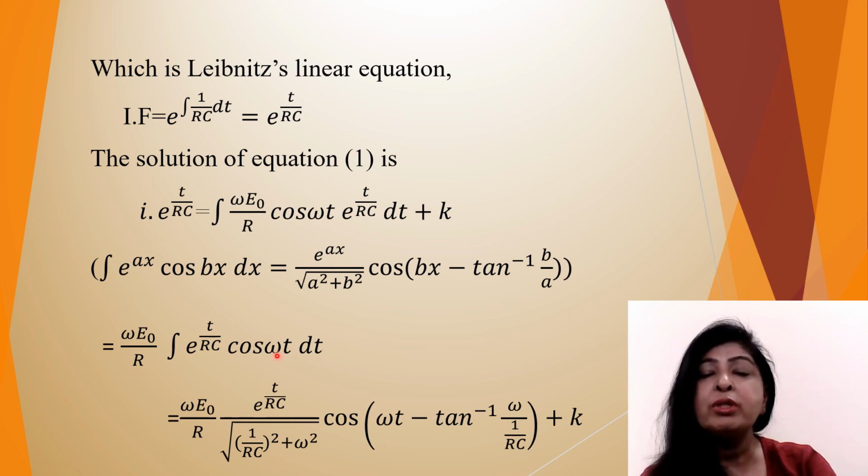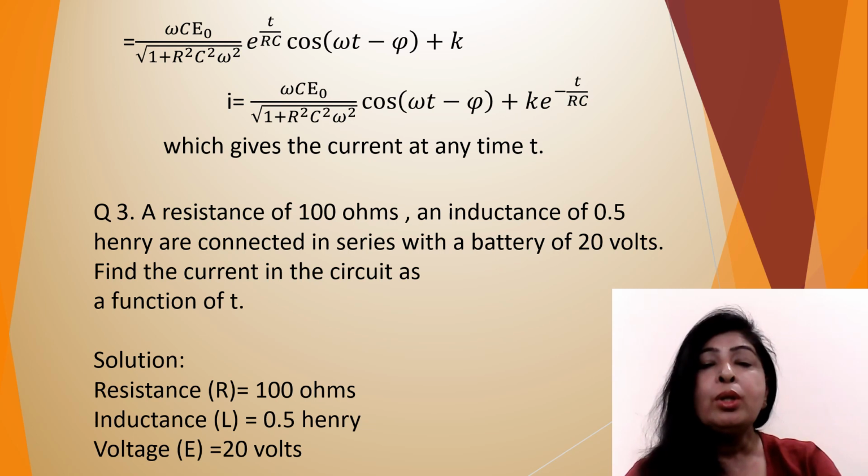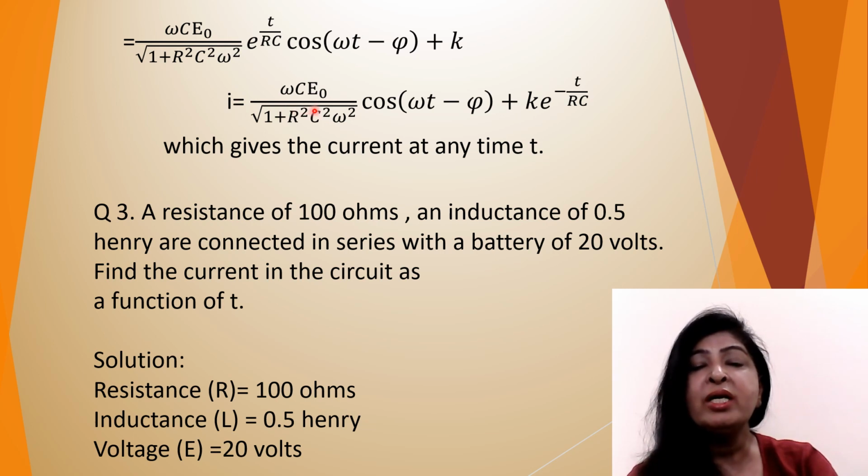Right, so just substituting the value of a as 1 by RC and b as omega, we will get this expression. Clear? So ultimately you are getting this expression, or which is equal to this. So this gives the current at any time t.